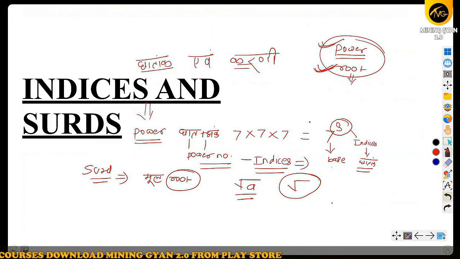Indices means power. We can say the power of any base number. For example, 7 is the base number and 3 is the index. That means power. Now, what is a surd? A surd is basically a root. It may be a square root or a cube root.